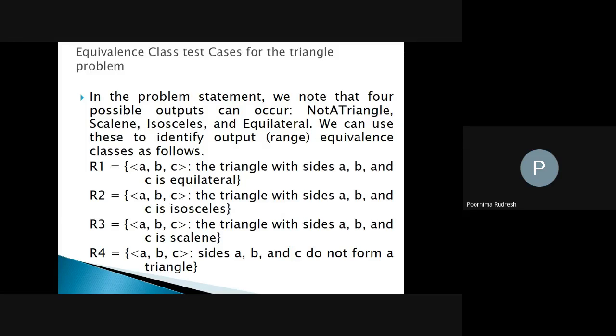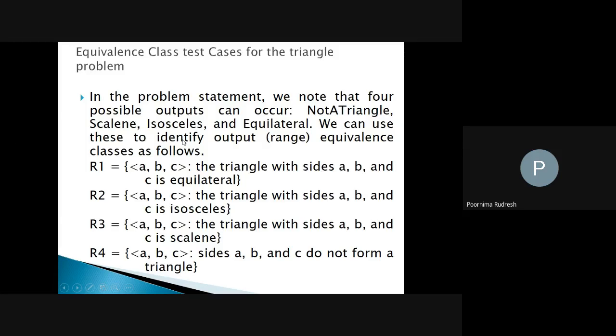We have already discussed the triangle problem in the second chapter itself, right? And what are the possible inputs for A, B, C, where A, B, C are the sides of the triangle that we discussed already, right? So here we are considering the same example, the triangle problem, and we are going to construct the test cases by using the equivalence class testing.